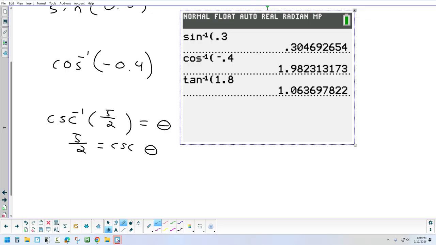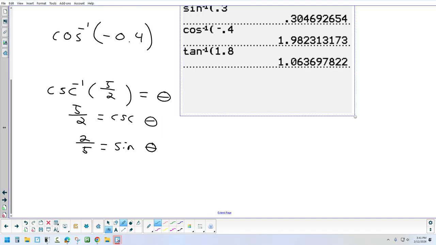But if you know the cosecant is 5/2, you know another trig function automatically. What function is connected with cosecant? Sine. If the cosecant is 5/2, what's the sine? 2/5. So that shows you a pattern that happens.